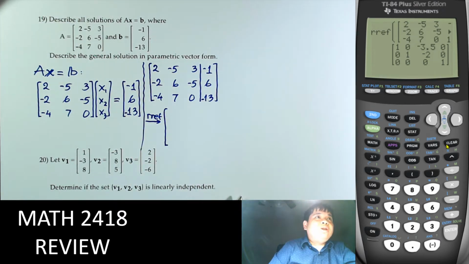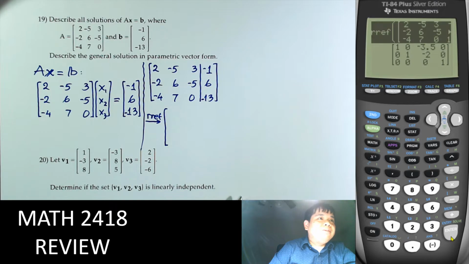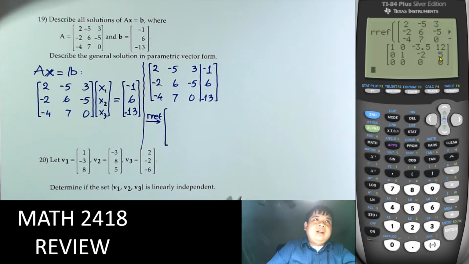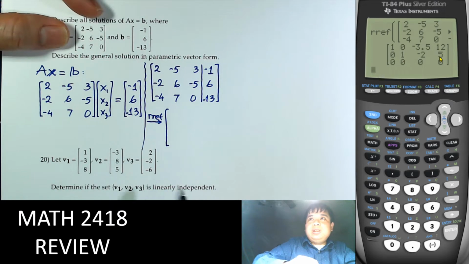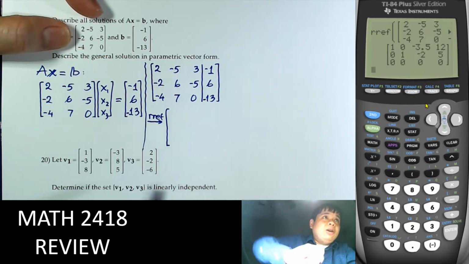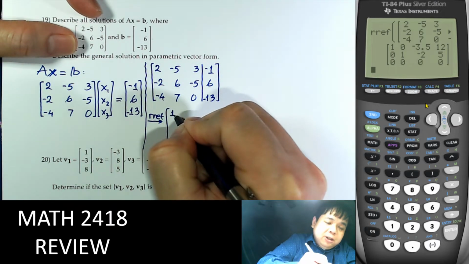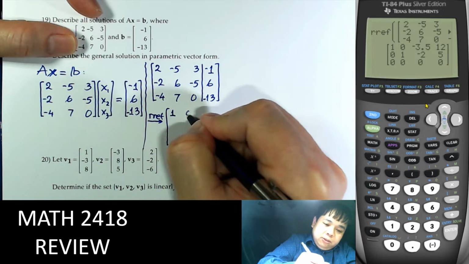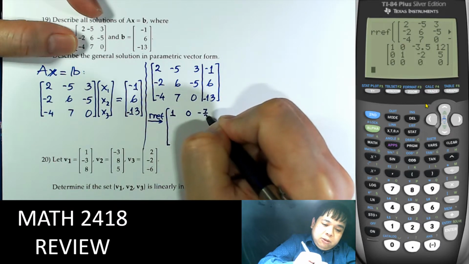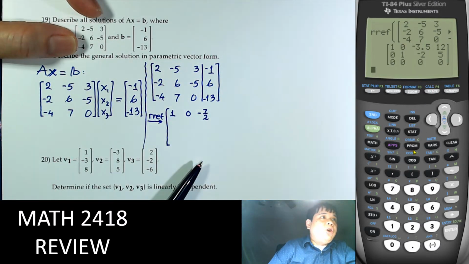Because otherwise this is no solution. Right, one more time. Alright, so this one, infinitely many solutions, because we do have a free variable here. Yeah, let's change this to fraction.